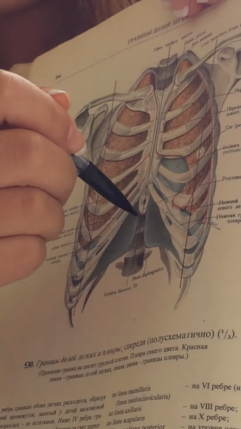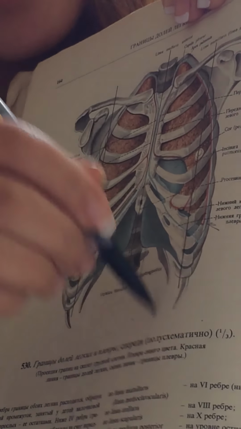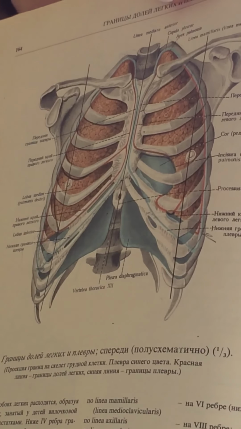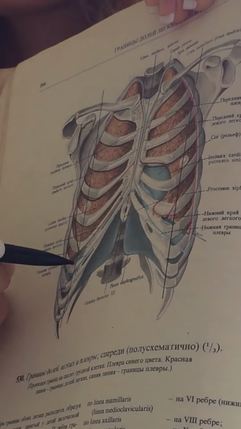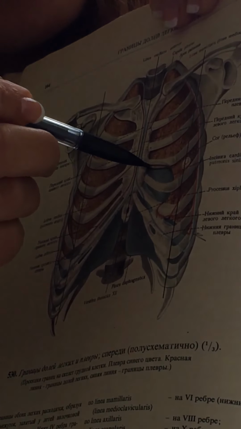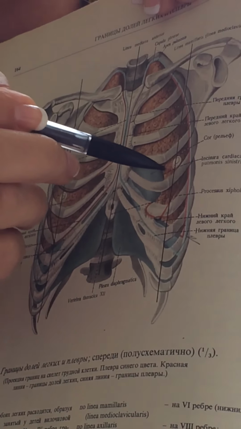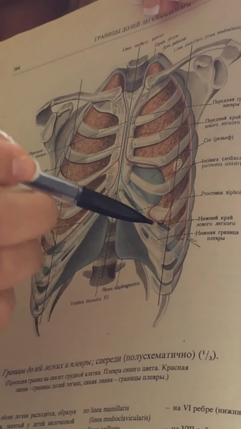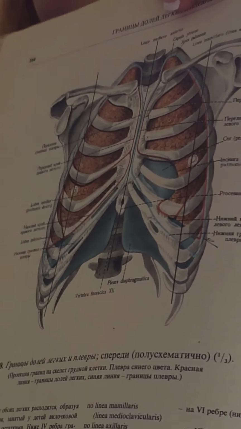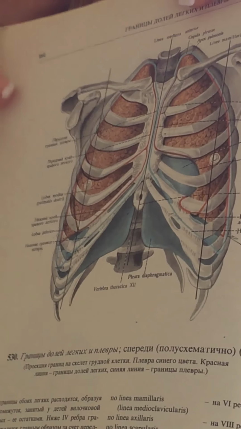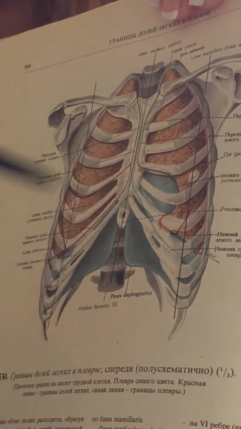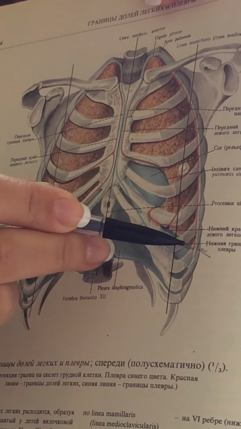Then for the medioclavicular line, for the right one we have again the 6th rib. For the left one, the border follows the cartilage and descends down to the 6th rib. So for the medioclavicular line, it's the same for both, on the projection of the 6th rib. For the axillary line, both are on the projection of the 8th rib.